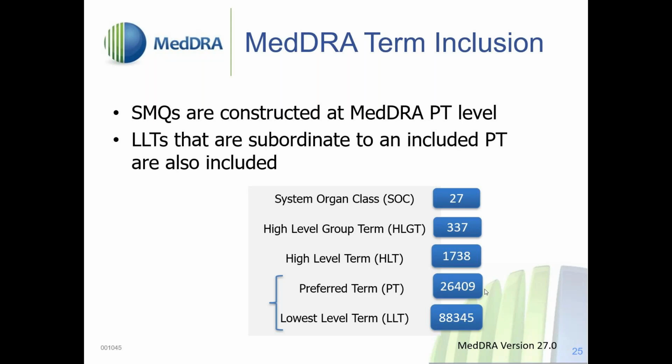When you're running the query, it depends on your database whether you can directly use the PTs or whether you need to break down the query to LLT level. It really depends on your database.